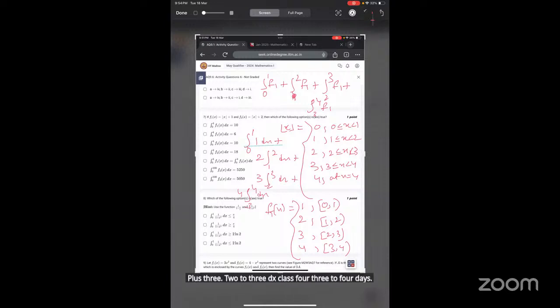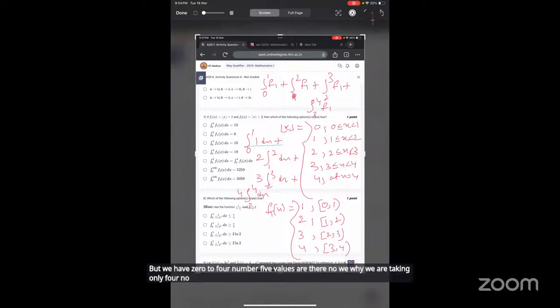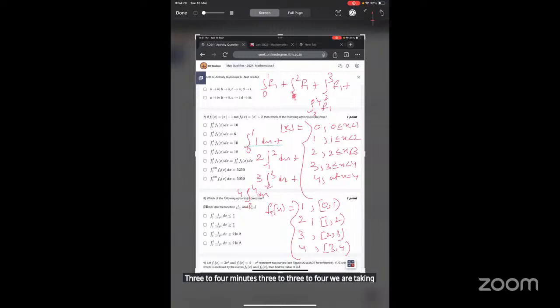But we have 0 to 4 now. Five values are there, no? Why are we taking only 3 to 4? If you see, we are taking only 4 intervals, sir. 0 to 1 is 1 interval, 1 to 2, 2 to 3, 3 to 4. Only 4 are there. Then n equals 0 to 4, right? n equal to 4 also you have taken, no? 0, 1, 2, 3, 4.